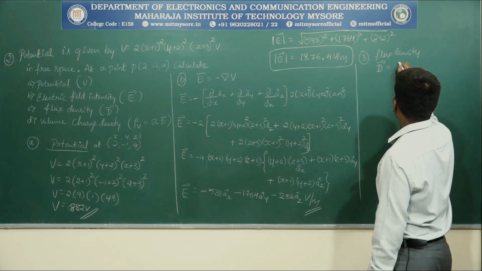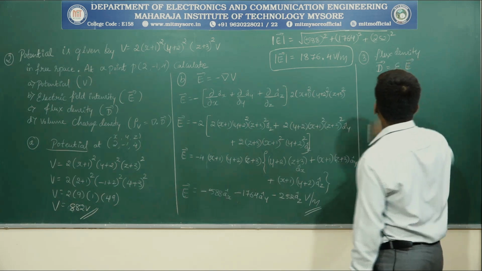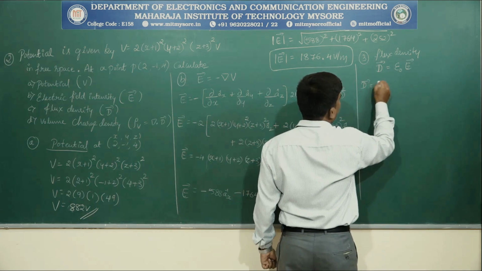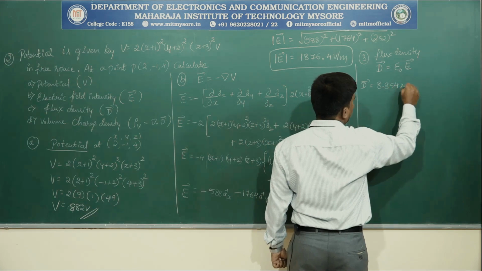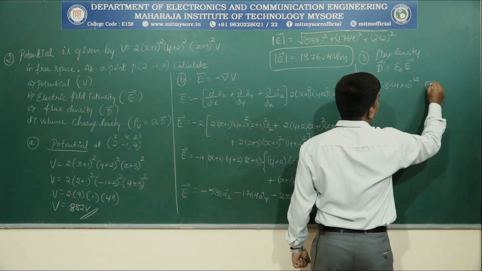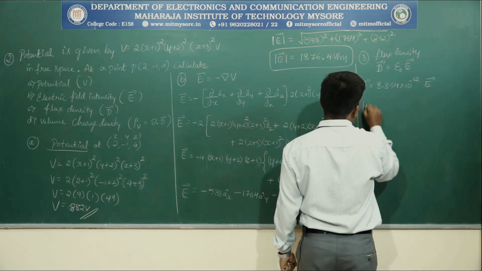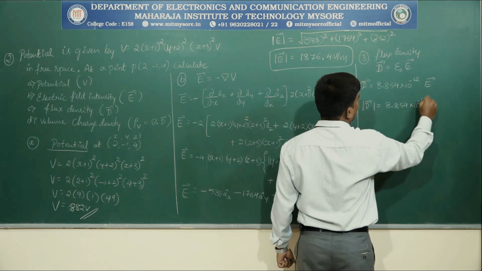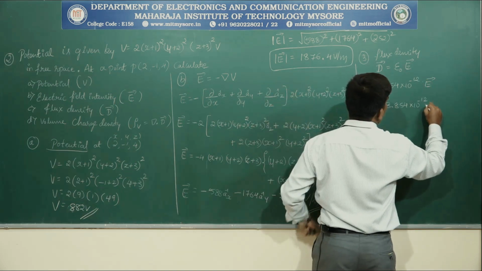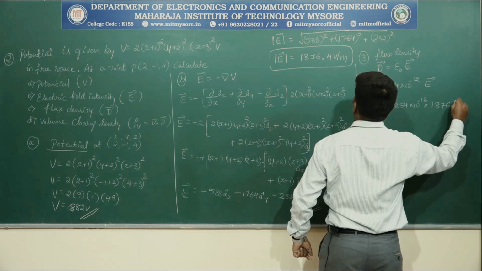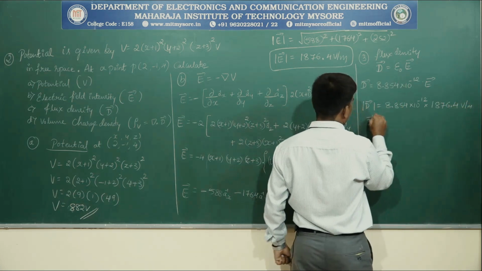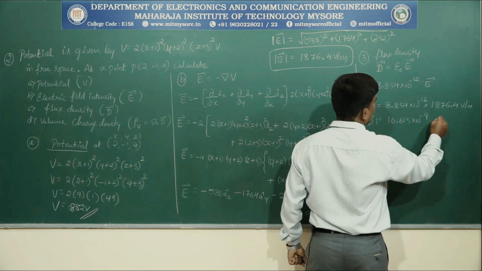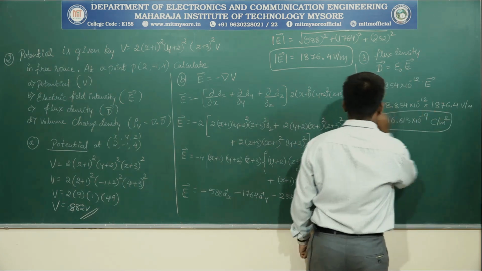The relationship between D and E is D equal to epsilon naught into E. We know the value of E, we need to calculate D. Therefore D is equal to 8.854 into 10 power minus 12 times E. Substituting the magnitude of E, 1876.4 volt per meter, D is equal to 16.613 into 10 power minus 9 coulomb per meter square. This is the flux density D.